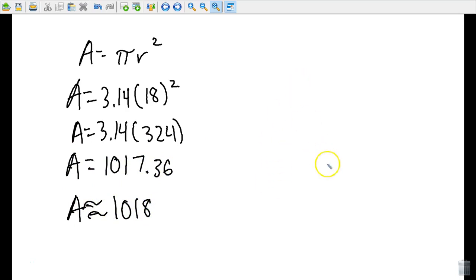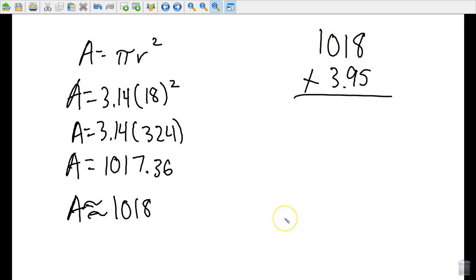And then to find out the price, we do 1018 times 3.95. And I'm not going to show you all the math work for that. That's a calculator problem. So we do 1018 times 3.95 to get 4,021.10. And then this is the answer they want.